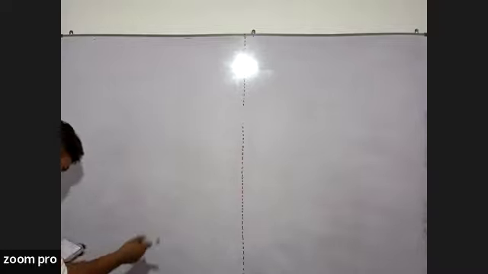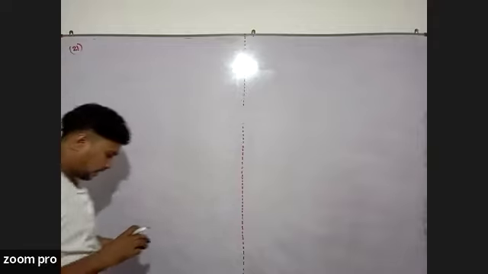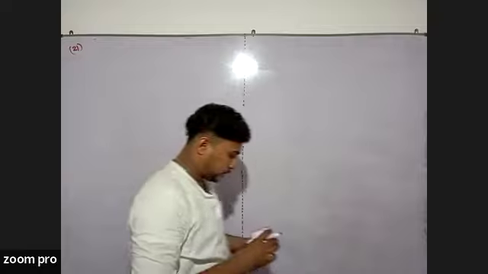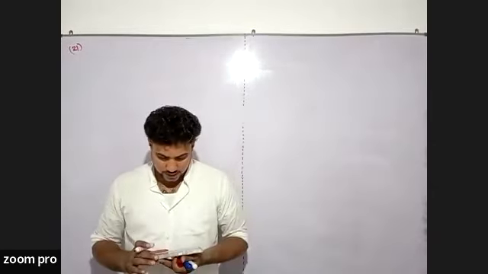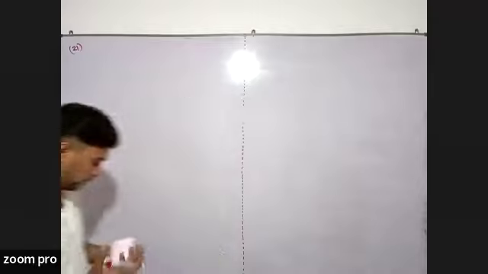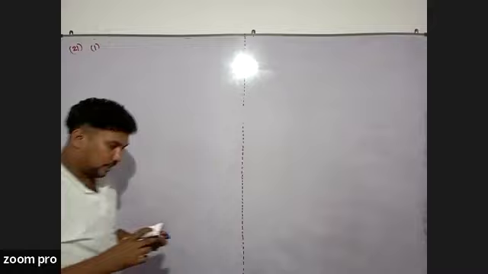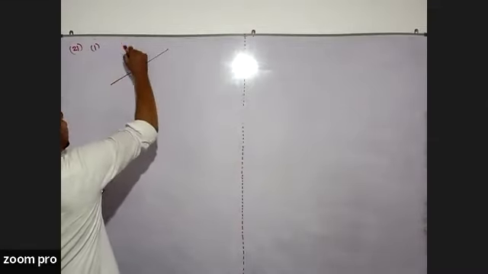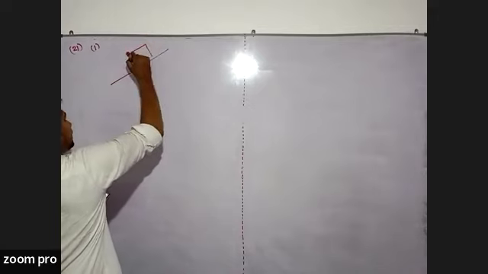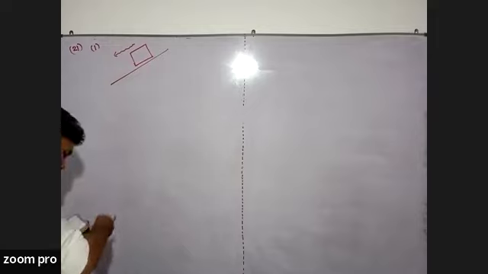Right. So the 21st question is a very easy one. An object is in equilibrium on a rough inclined plane. What is the most correct force diagram? So definitely it should be the first one, isn't it? Because if you keep an object on an inclined surface, this object tends to move downwards, right?